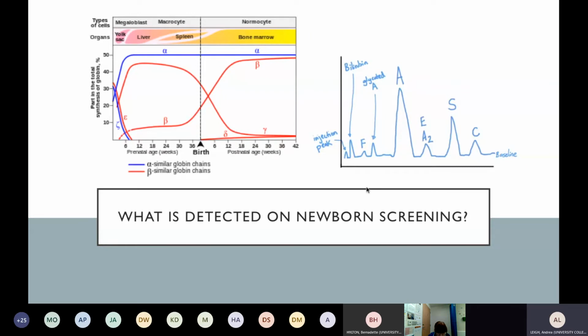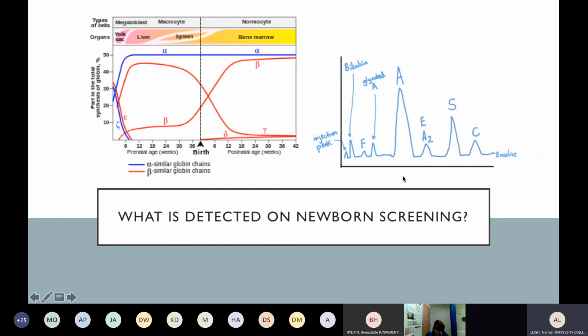And this is high performance liquid chromatography. And this detects a list of significant hemoglobin disorders. It won't pick up everything, or it won't report everything as a significant finding.